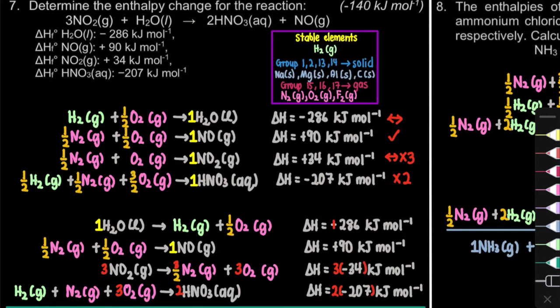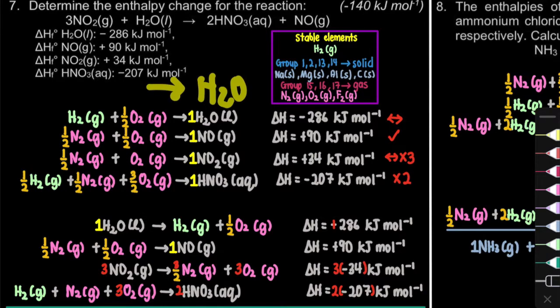Again, this is enthalpy of formation, so it means that 1 mole of each of the species will form. That's why I've put it here. Again, a hint for the enthalpy of formation. For example, here we have H2O. H2O is our molecule, and it's our product here.